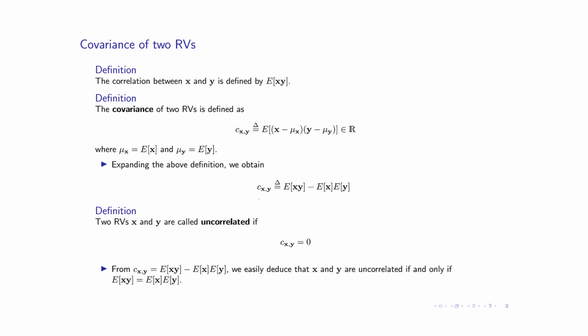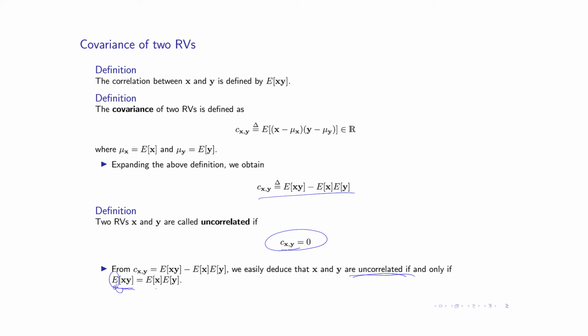From this, we deduce that x and y are uncorrelated if and only if the mean of xy is equal to the product of the means. Uncorrelatedness is the property that you can distribute the expectation over the two variables separately.